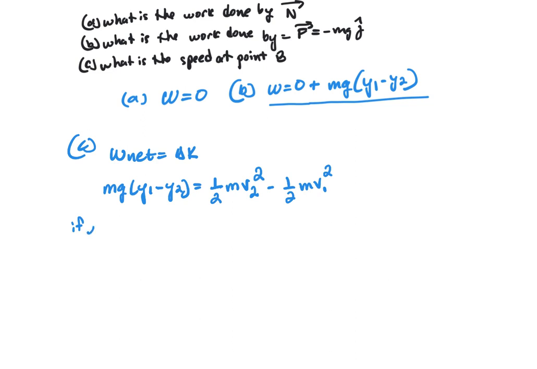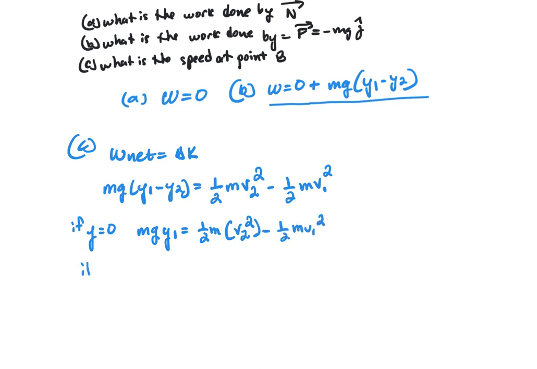Now, if our y2 is 0, then mg y1 equals 1/2 mv squared minus the same 1/2 mv1 squared.